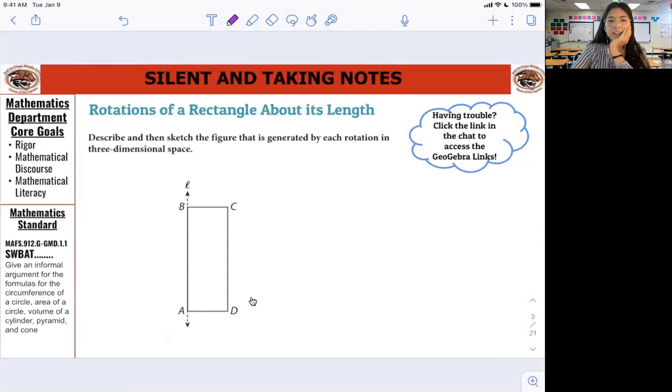So go ahead and click on the link now and let's find out for ourselves. And when you click on the link, this one's kind of cool because you can change the length of the rectangle. So it starts off almost like a square and you can actually make it taller if you want to.